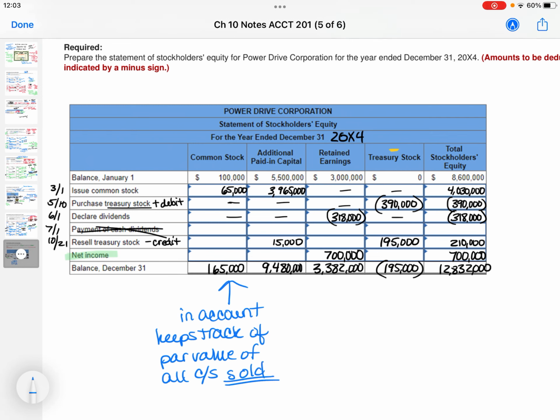So even if it was sold once and then we purchased it and then we sold it, whatever, it's the first time sale. Any repurchased treasury stock, any resold treasury stock is not included. So treasury stock purchased and sold is not included.